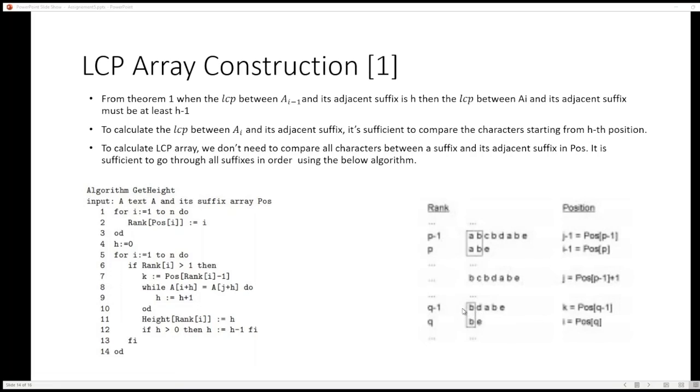So we start comparing the elements from that position, and we keep incrementing until the elements are no longer equal. So here, starting from I plus 1 and J plus 1, we see that the elements are no longer equal. So we can finally set the height of Q to h.